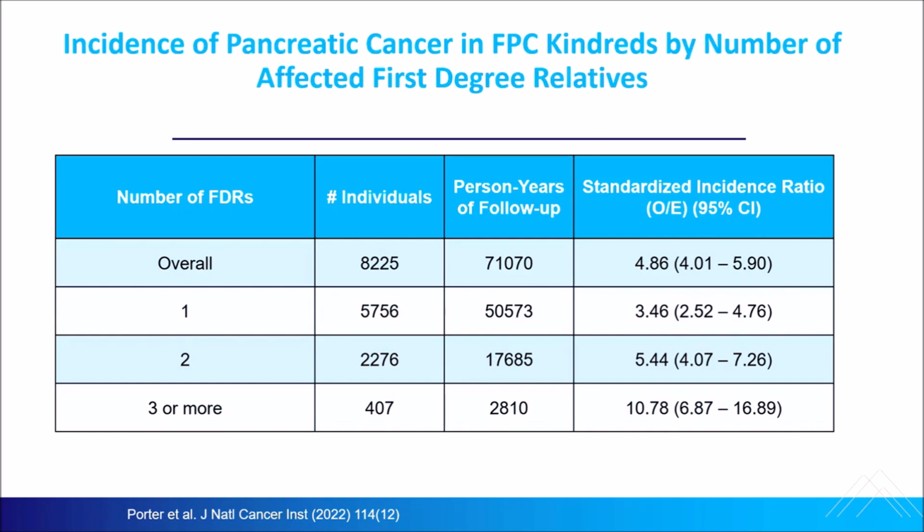And you can see they have a huge number of patients, over 8,000 patients with 70,000 person years of follow-up. And it turns out that the number of first-degree relatives in the FPC kindred is sort of a dose response. So the more close blood relatives that you have, your standardized incidence ratio increases to the point where if you have 3 or more first-degree relatives, the standardized incidence ratio is actually over 10, extremely high lifetime risk.